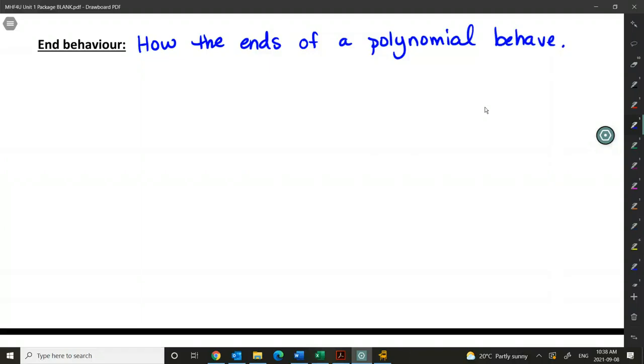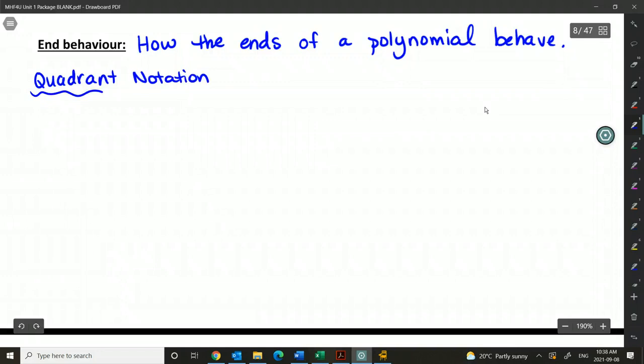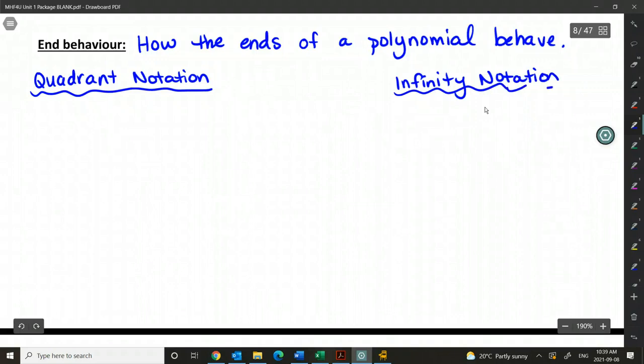There are two notations that we use for end behavior, and I'm just going to show you both of them. One of them is quadrant notation, and the other is infinity notation. For now, we will be practicing with both of these.